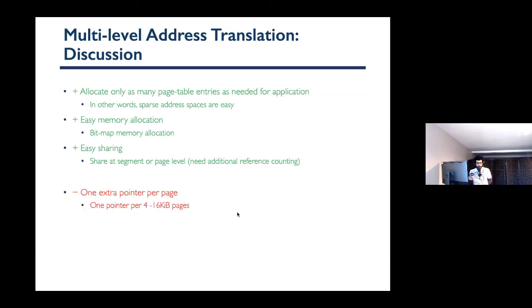Now, what are the downsides? One downside is, in the worst case scenario, let's say you have a process that uses all its virtual address space. It never happens, but let's say it happens. What is happening is that you have introduced all these middle nodes. If you're using, let's say, a 4-level page table, you're now using all the leaves, but you also had to store page tables for the root and all its children, and that is now an overhead.